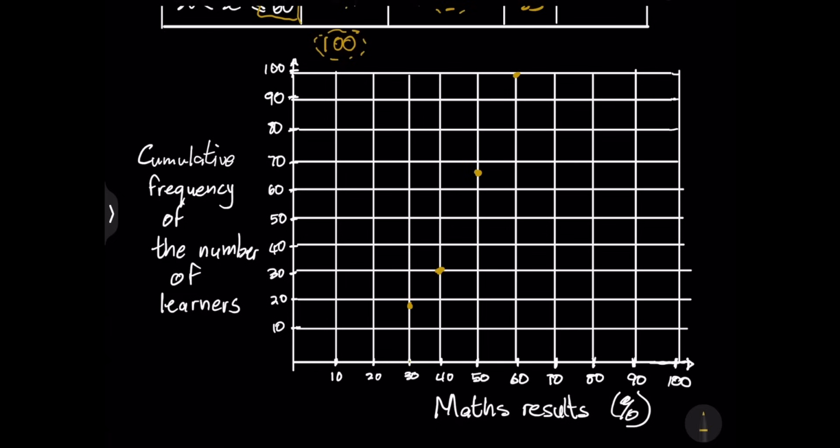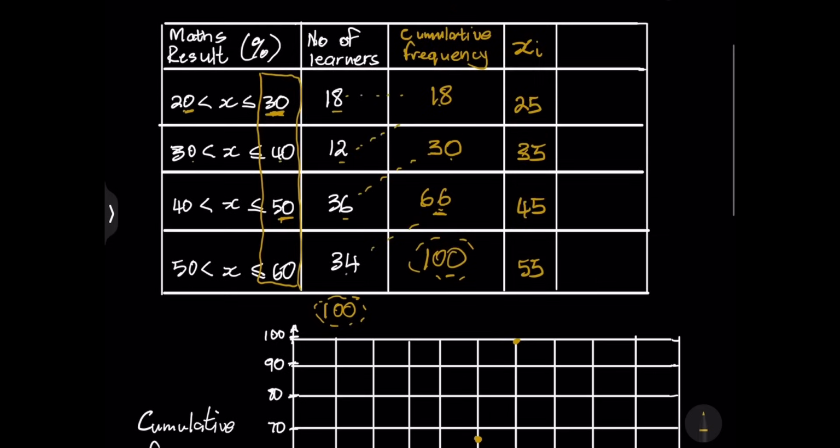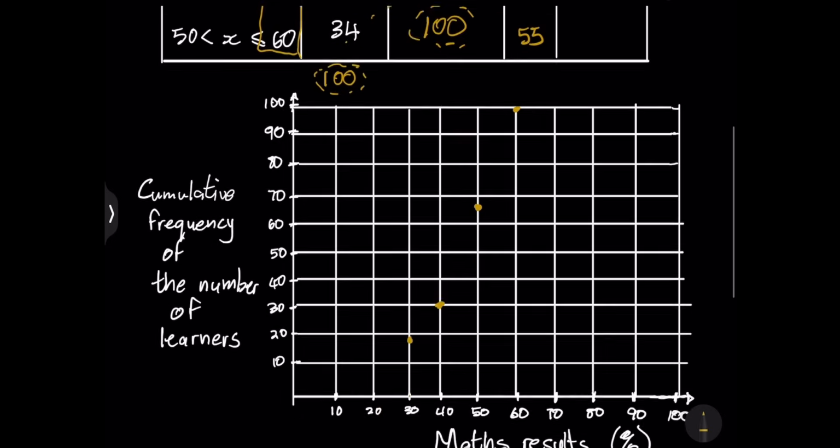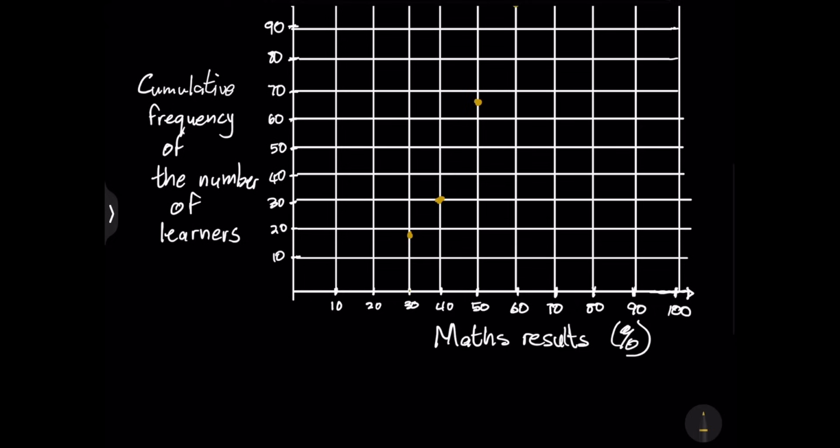So when you draw an ogive, you always try to make the lines as smooth as possible, right? But then you always go to the lower bound value. In this case, the first lower bound value is 20, and you would make that your x-axis.